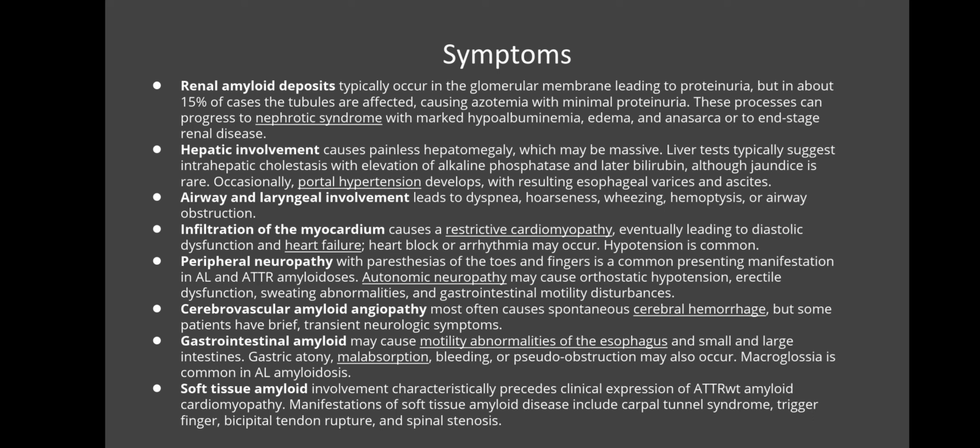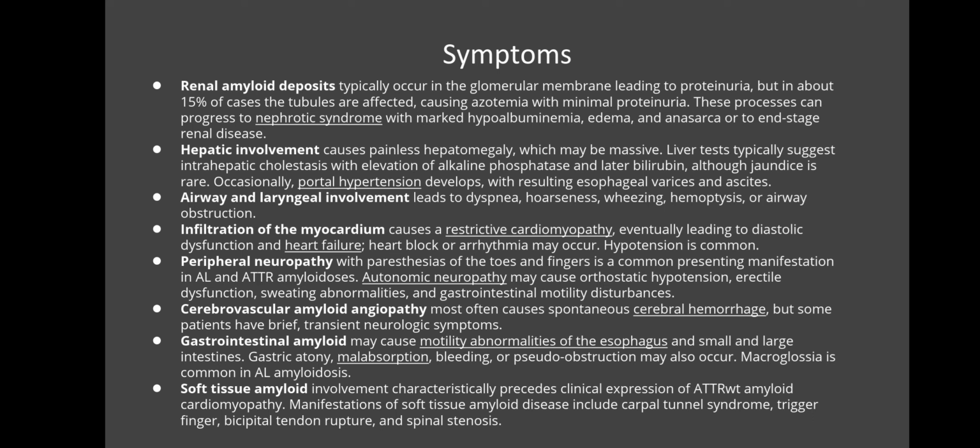And it can cause different kinds of symptoms. So what happens if it is deposited in the kidney? We can see proteinuria, azotemia, and nephrotic syndrome features like hypoalbuminemia and edema.